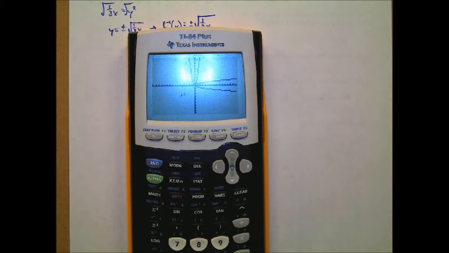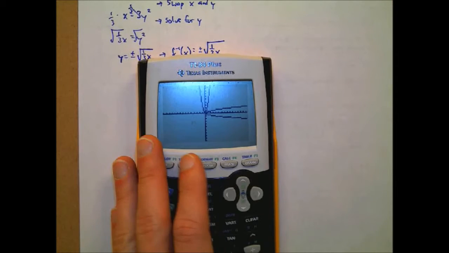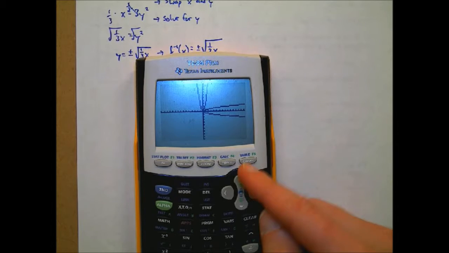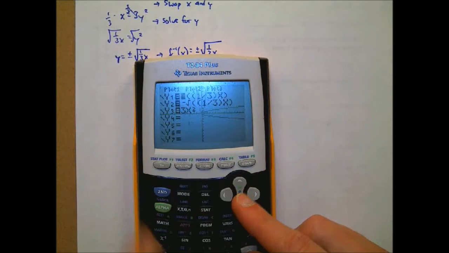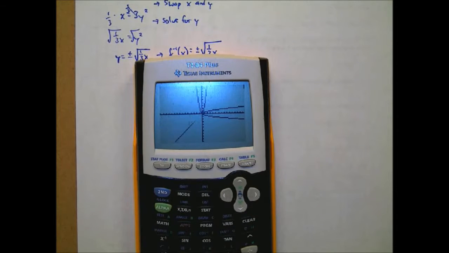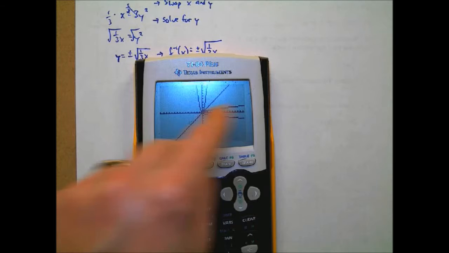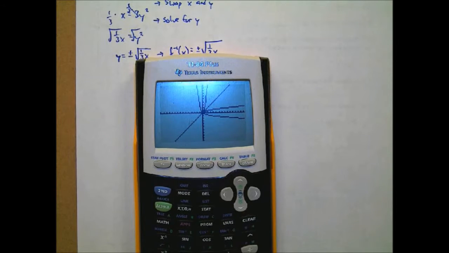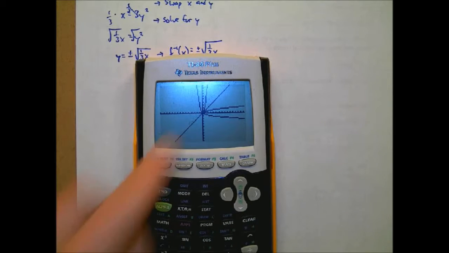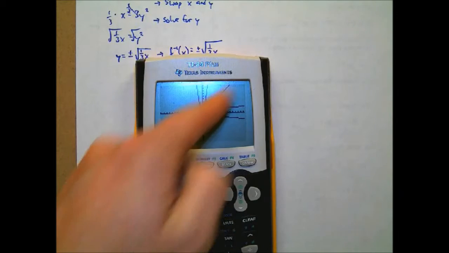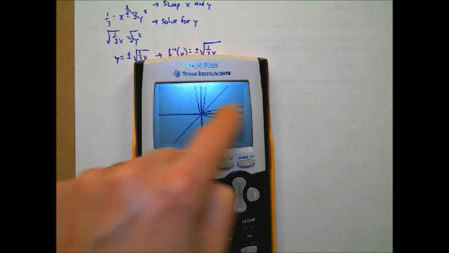Okay? And you can see here, or maybe you can't see, but there's a reflection happening, right? If I also graph the line y equals x, there's our original function, there's its inverse. And you can see there's a transformation that happened here. We took our original function, and it really is just a reflection over this diagonal line y equals x that results in this function right here.